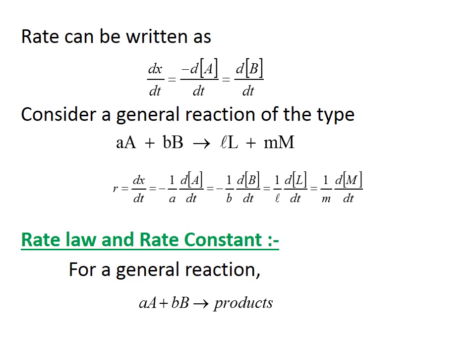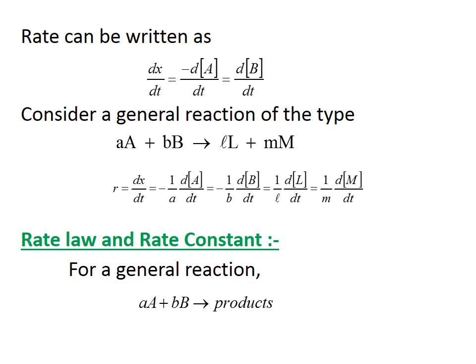Similarly, in terms of products L and M, 1 by l into dL by dt, or 1 by m into dM by dt, here we put plus. If we express in terms of reactant, we put minus. In terms of product, we put plus.